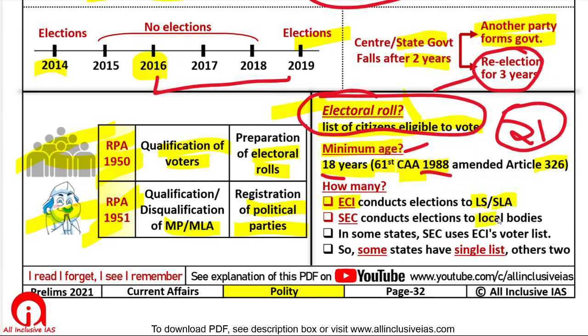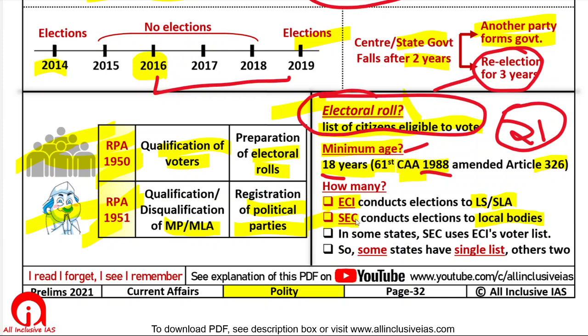But election to local bodies is conducted by the state election commissions, which are a separate body. State election commissions are not junior officers or subsidiary of ECI. These are separate constitutional bodies.